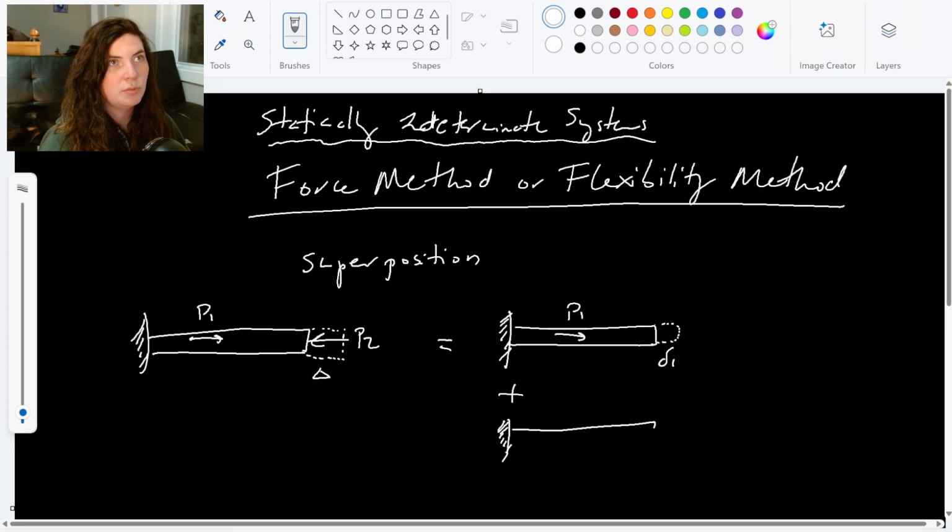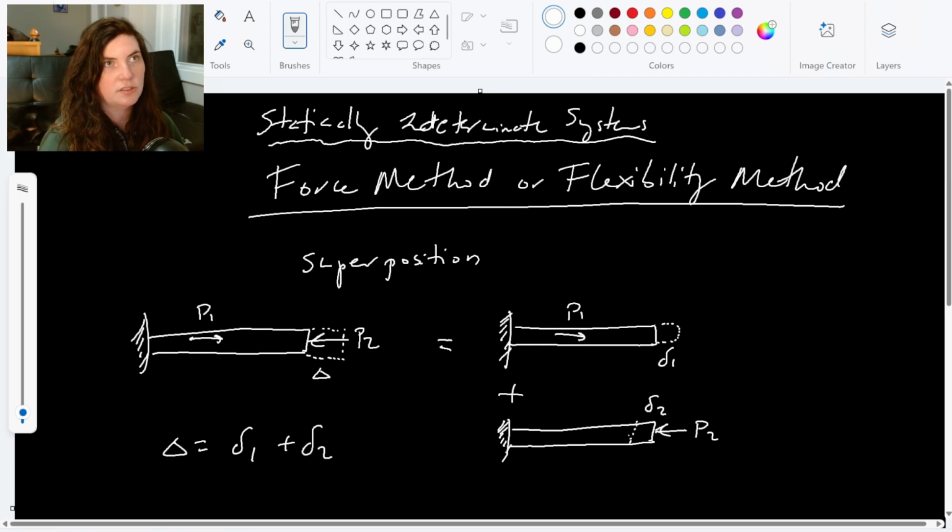whatever displacement P2 causes. So each load separately, right? P2 would cause it to move inwards, right? By compression, by D2. So all this says is that delta is equal to the displacement D1 plus the displacement D2. Of course, this D2 would be a negative since it's moving inwards, but you kind of see the point there.